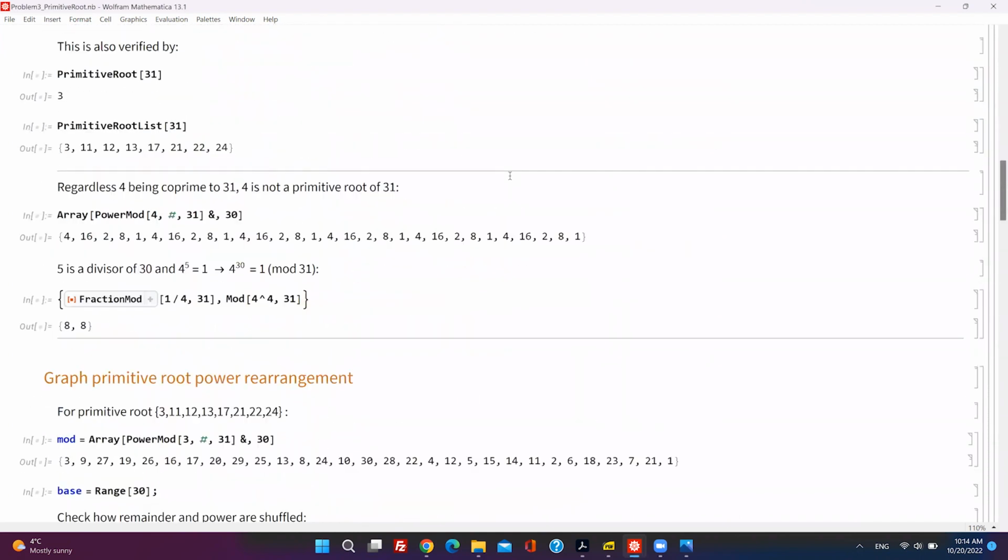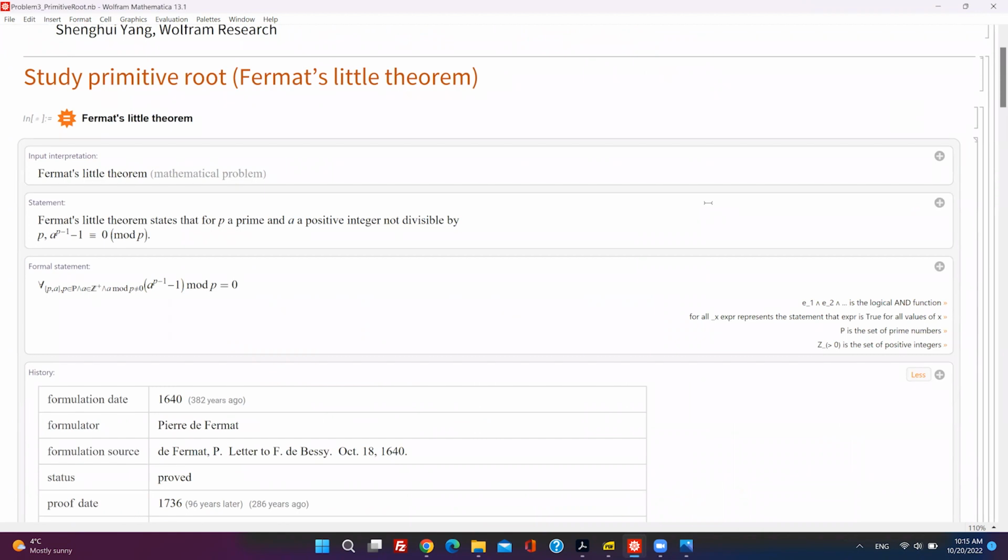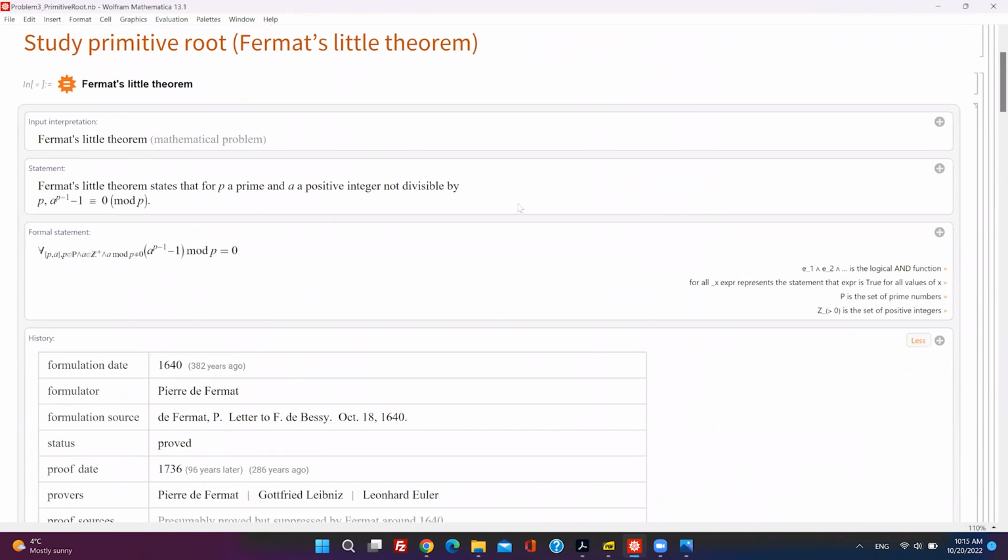Okay, this one is originally a very fundamental question from Fermat's little theorem. If anyone needs to recall the theorem, you can just search it on Wolfram Alpha. So basically, say you have a prime 31.